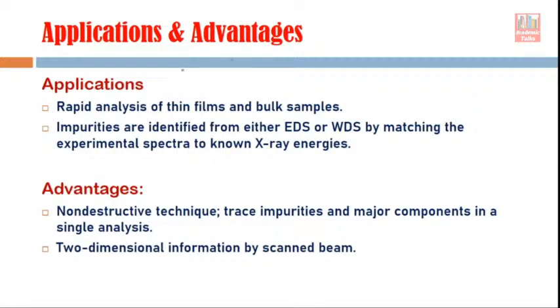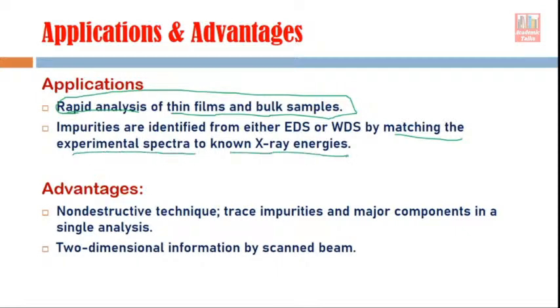Now if you talk about the applications of EMP, it allows rapid analysis of thin film and bulk samples. The impurities are identified using either EDS or WDS by matching the experimental spectra to known X-ray energies.